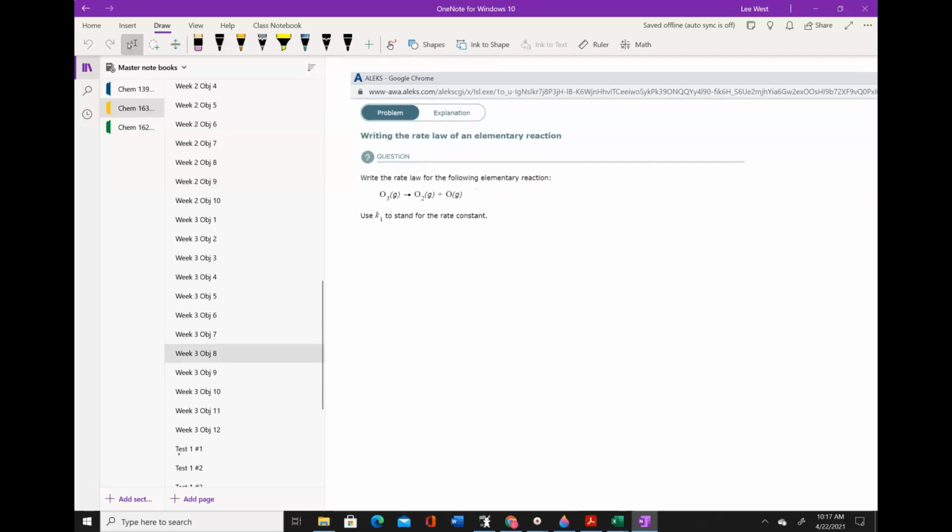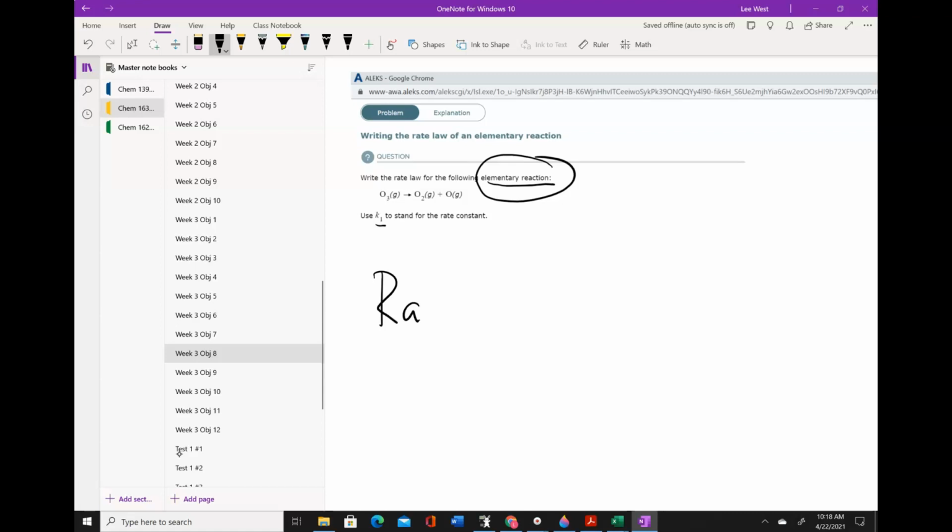Okay. Write the rate law for the following elementary reaction. Use k1 to stand for the rate constant. So what's important is that only for an elementary reaction, you can't ever do this for an overall or balanced chemical equation, the order of your reactants is just equal to the stoichiometric coefficient.